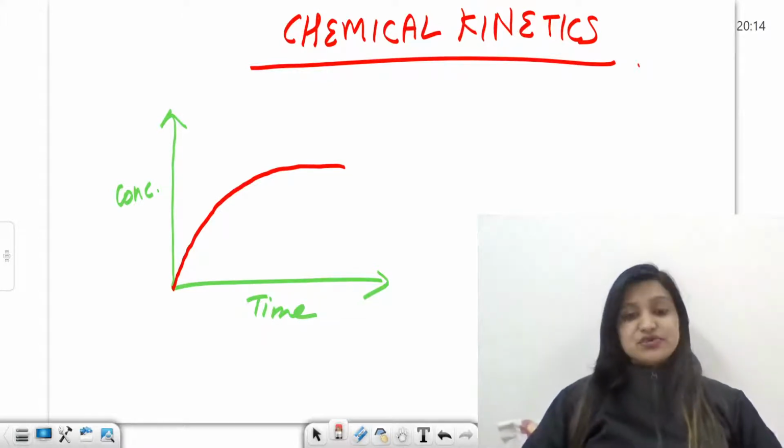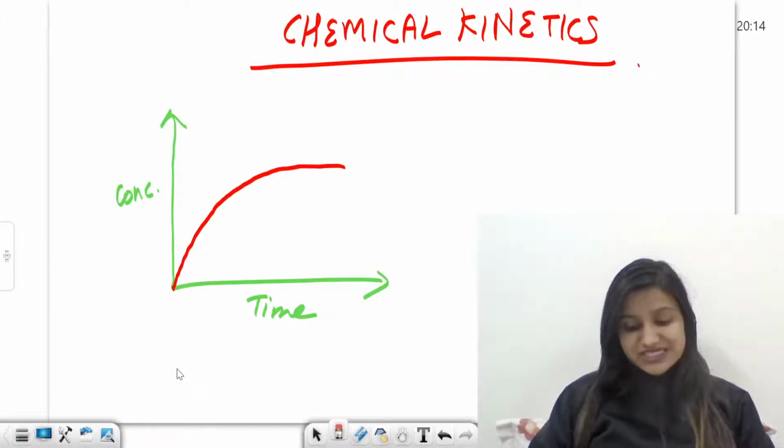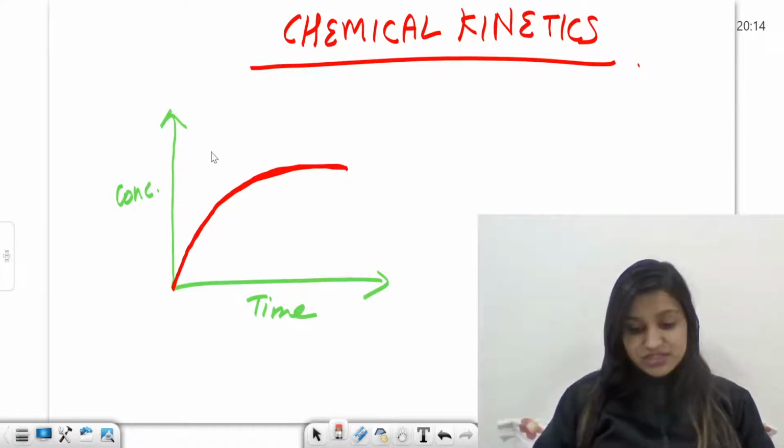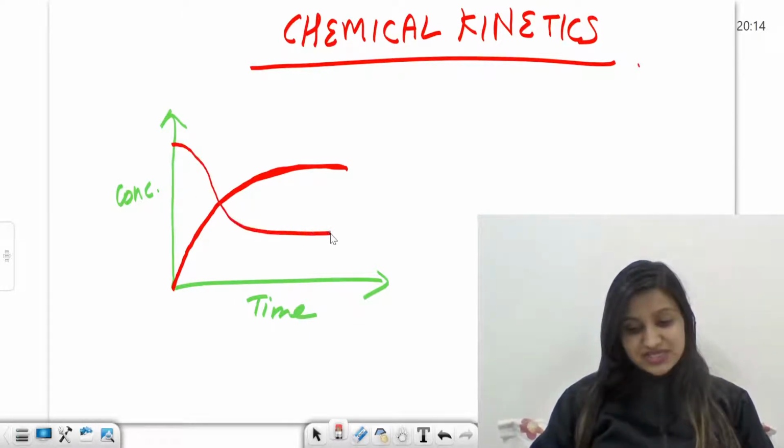So where were we? I was telling you, for the product, the graph will be something like this. The product will be formed. And for your reactant, it will be like this.